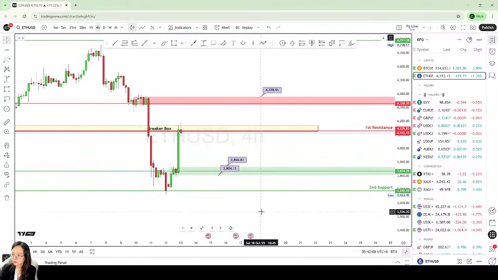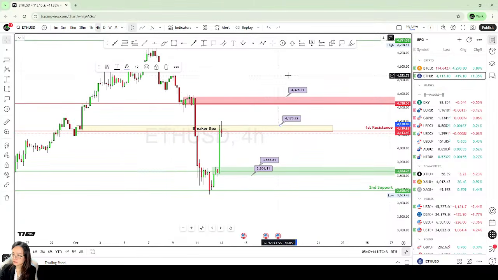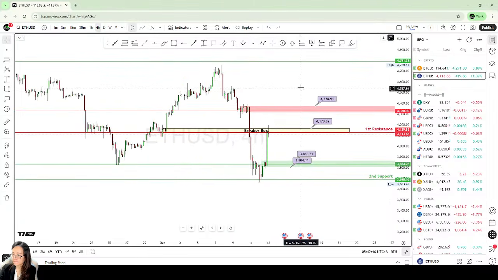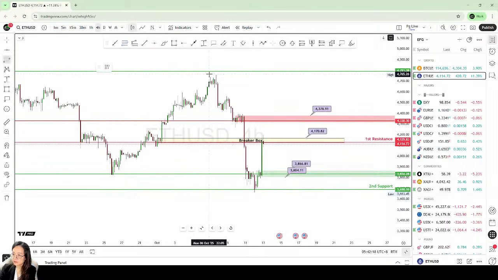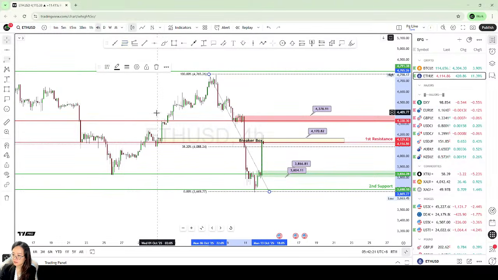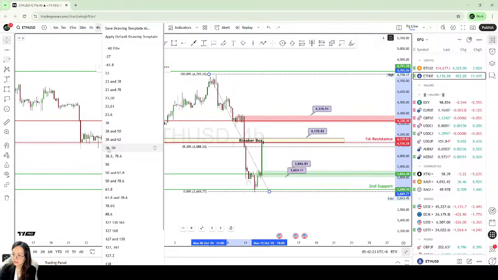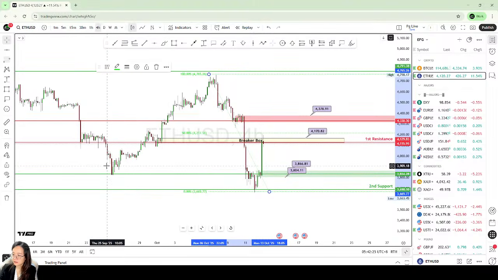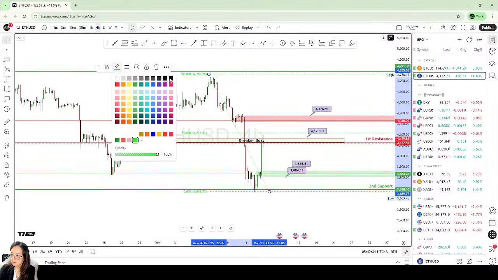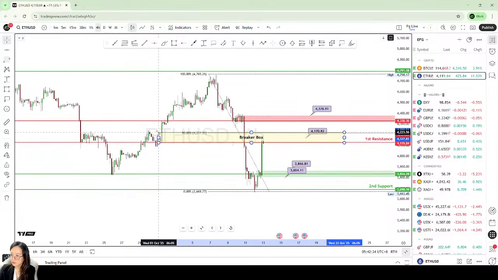Second support. I think this one is 50%, slightly. If we want to refer, that's going to be these zones. Okay, that's going to be the zone.